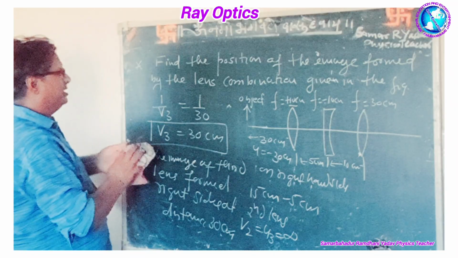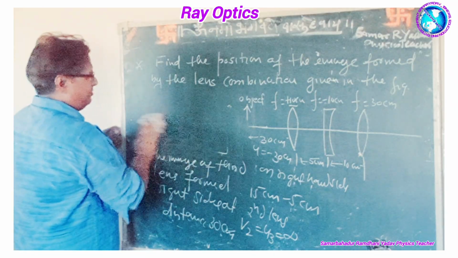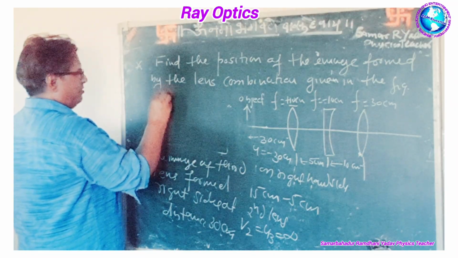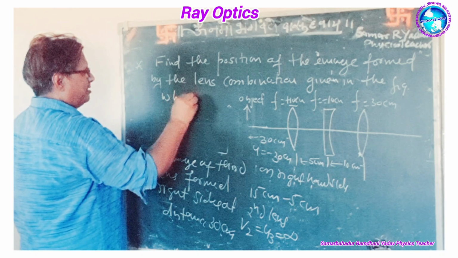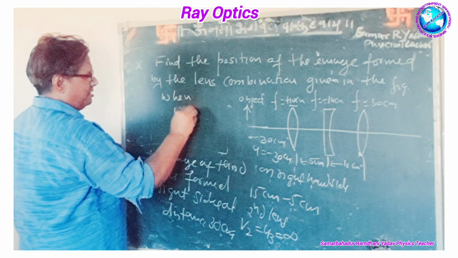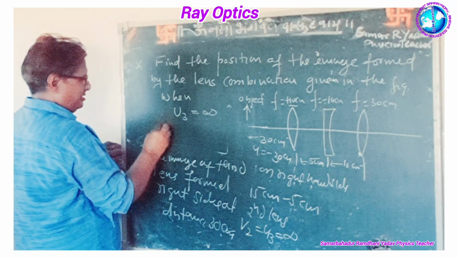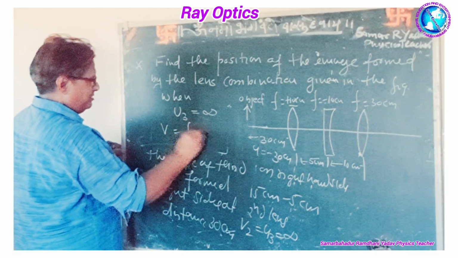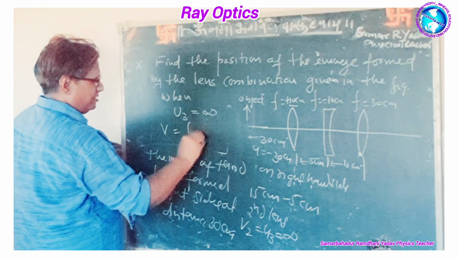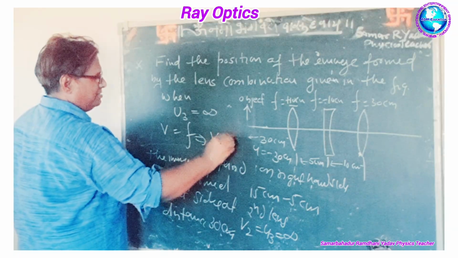We also know that when U3 is equal to infinity, then V is equal to F. Therefore here V is equal to 30 centimeter.